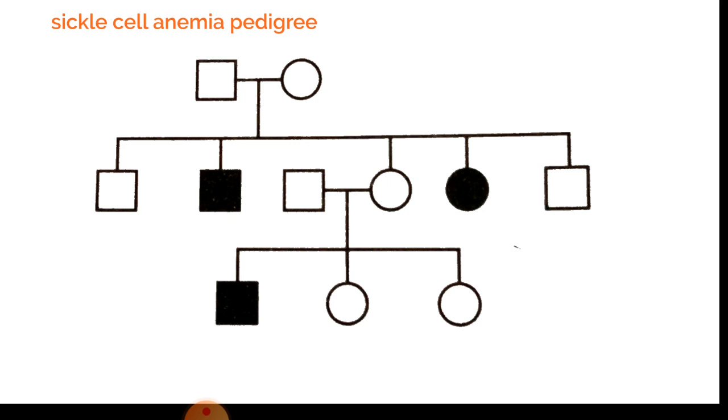They have 5 children, out of which 2 are affected, 1 male and 1 female. So this clearly indicates that it is autosomal. Secondly, it is not expressed in all the children. Thirdly, it was not shown in the parents, but it has appeared in some of the children. This means that it is a recessive trait.